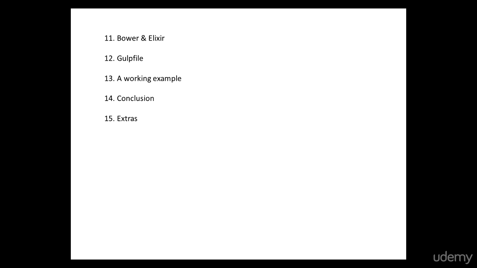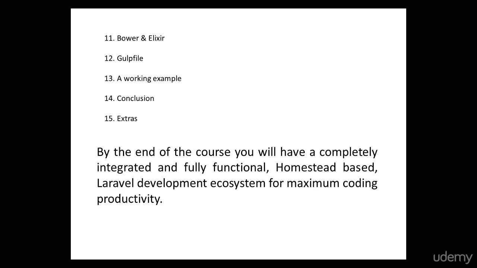Section 14 is the mandatory conclusion, and in Section 15 I've thrown in a couple of extras. So to recap, by the end of this course you will have a completely integrated and fully functional Homestead-based Laravel development ecosystem for maximum coding productivity.